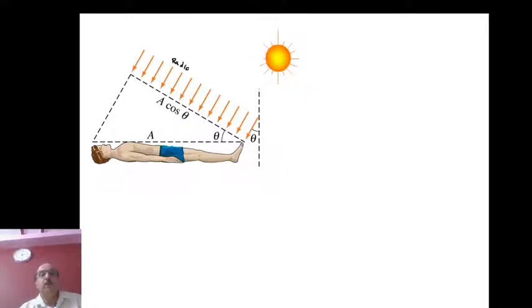And this radiation is coming to the person, having area A. The component of the area, A cos theta, is the area which is normal to the radiation.